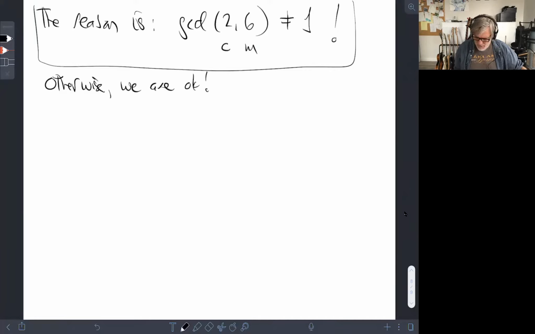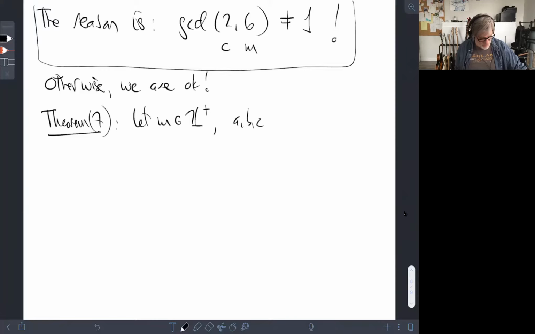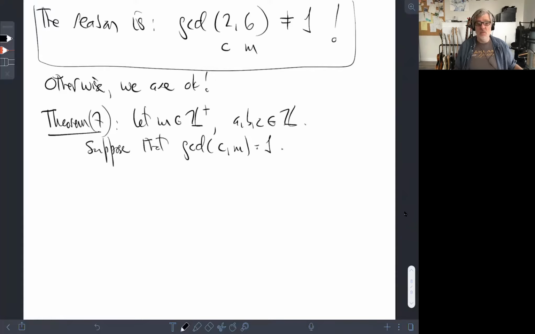So, theorem. This one gets the name of theorem in the book. It's theorem 7 in the book. I have my modulus m, some positive integer, and I have 3 integers a, b, c. Suppose that the GCD of c and m is 1.